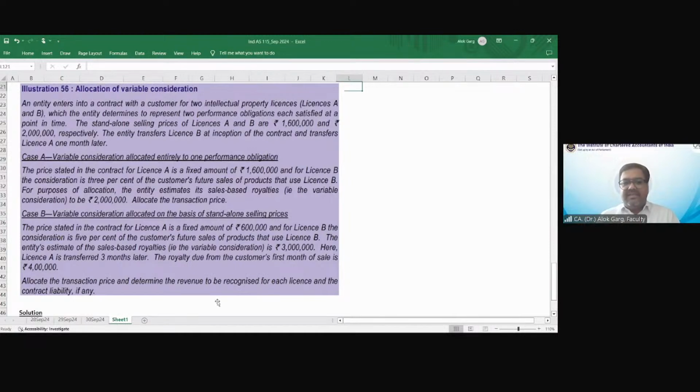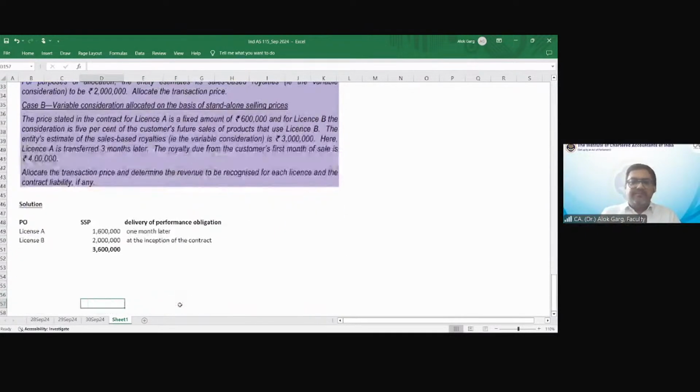So in this case, for license A, it is the fixed consideration. But for license B, the price is on the basis of sales-based royalty.